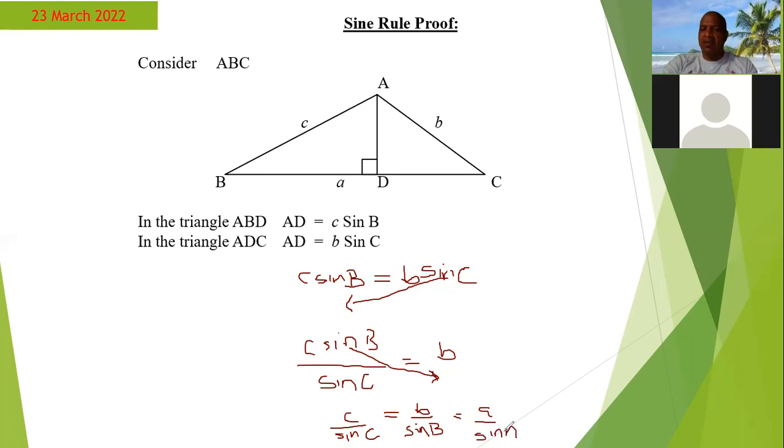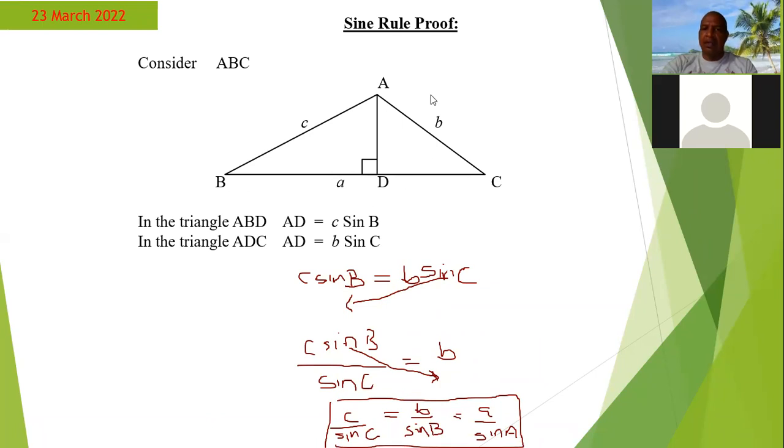All right, and so this is what we refer to now as the sine rule. Although it is in a backward sense, it generally starts A over sine A equal to B over sine B equals C over sine C. So this is how we get the sine rule.